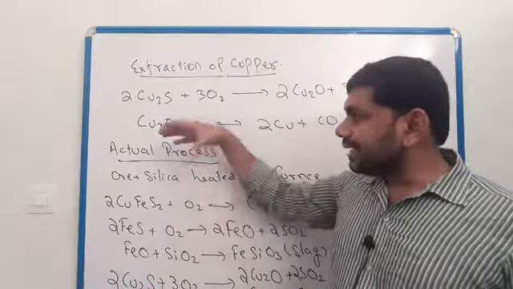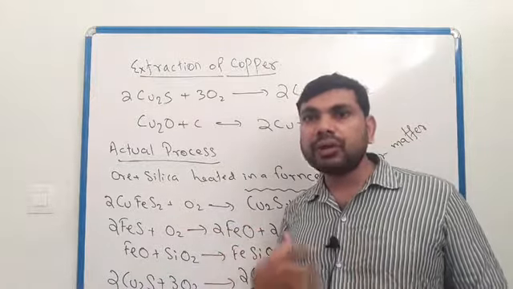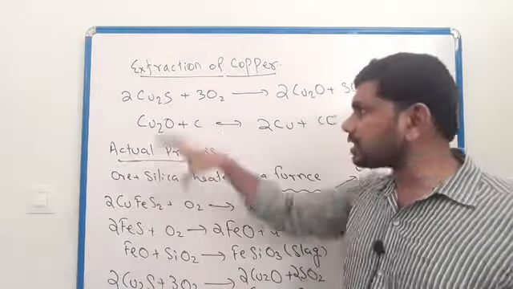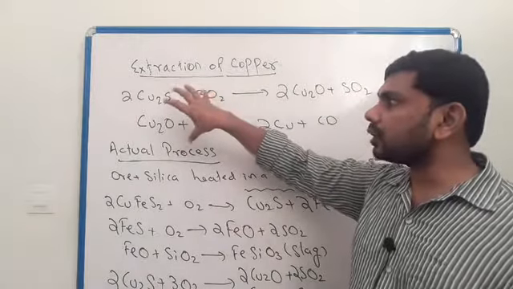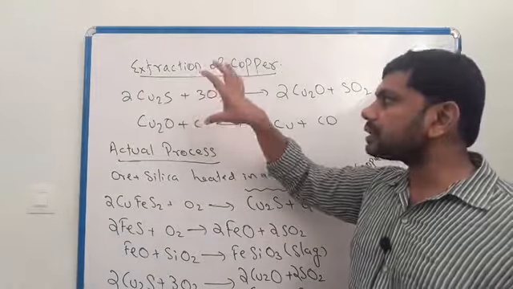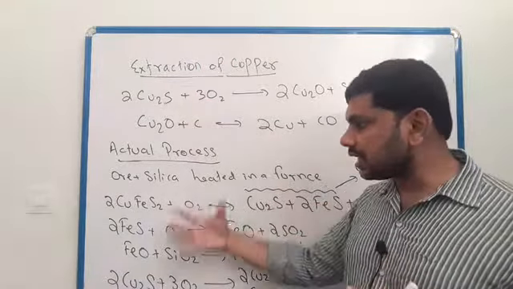Clear? But in the actual process in a chemical factory, we extract copper differently. These are the chemical reactions according to the laboratory method. We can write the chemical equation like this, but in the actual process something else happens.